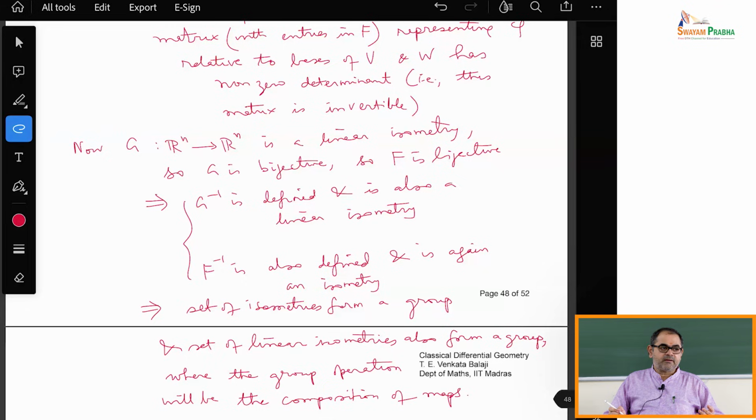Okay, and for a group you need a binary law of composition which is associative. You need an identity element, and for every element you need inverses. And the identity isometry is always there, the identity map itself is an isometry. It does nothing. So it is trivially an isometry. So this is a group.